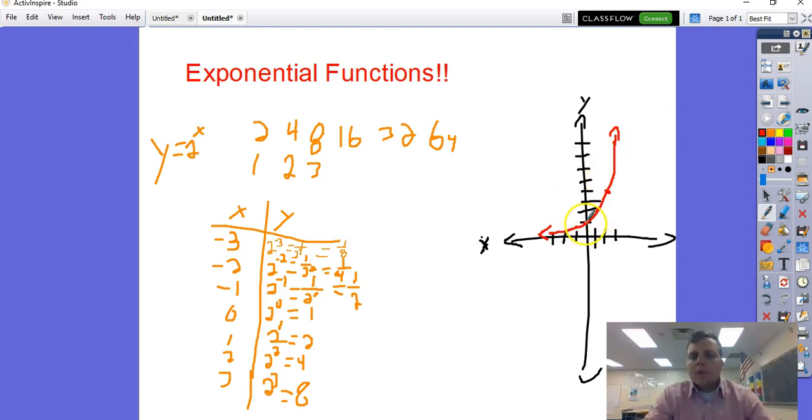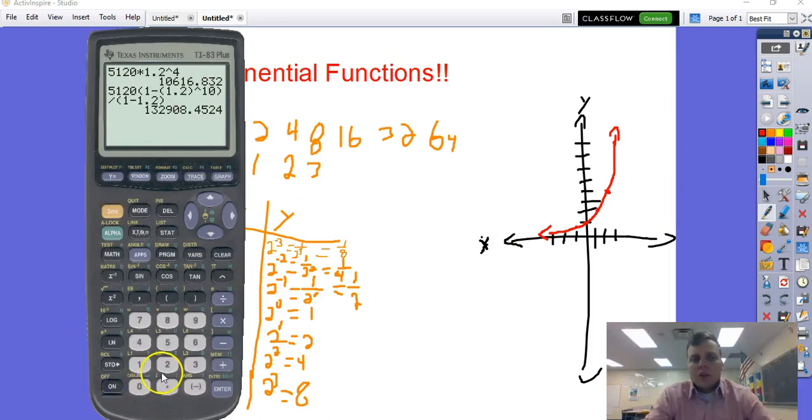But let's go back to pretending the hours could be negative. Notice how I go to the left and I get smaller and smaller and smaller. But let me ask you something. If you were to continue going like -4, -5, -6, would you ever actually get to a negative y value? You can check that on a calculator.